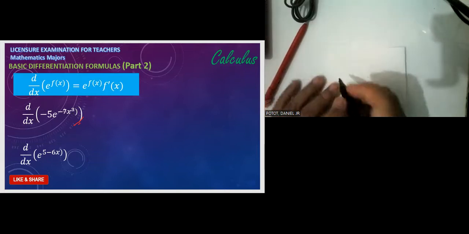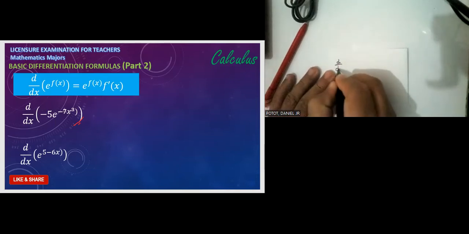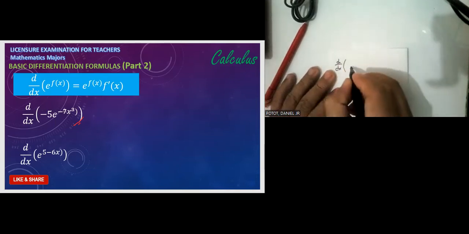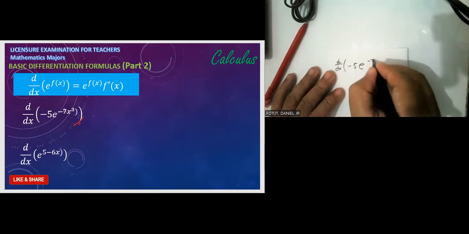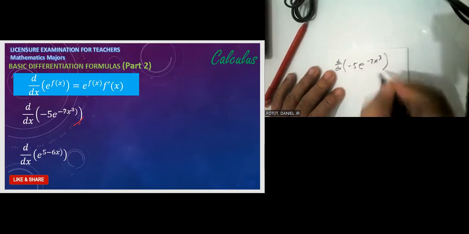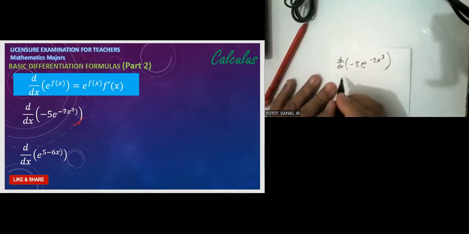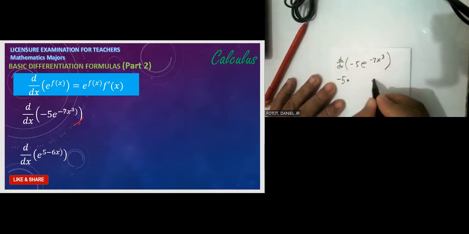So let's try to copy this question here. The derivative of negative 5e to the negative 7x cubed. Again, you put the negative 5 in front, and you just put the dot there. Then this one, you simply copy e to the negative 7x cubed, and then you take the derivative of the power, which is negative 21x squared.